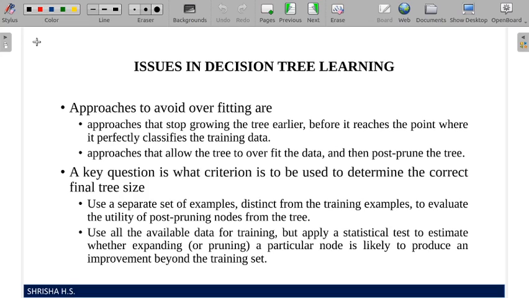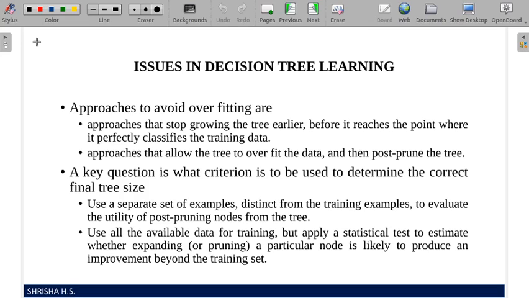The first method is to use a separate set of examples, distinct from the training examples, that is test data, to evaluate the utility of post-pruning nodes from the tree. We remove some branches of the decision tree and check it on the test data. If it performs well on the test data, that means the tree is good.